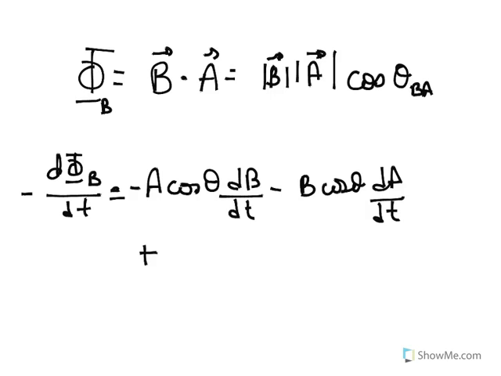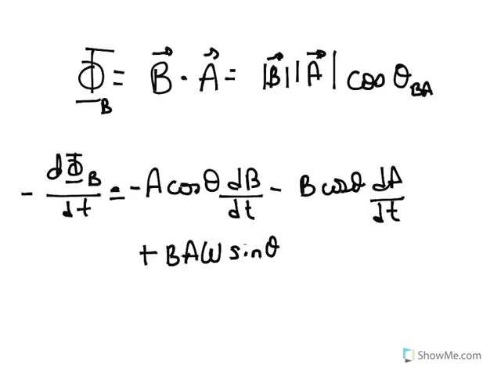And then we have the third, where we have B and A, but we have the derivative of the cosine of theta, and the derivative of the cosine of theta, you know, is minus sine of theta, that's the reason for this plus, times the derivative of theta with respect to time, which is the angular velocity, omega. So this might actually be happening, that the angle theta between B and A is changing because the loop is rotating.